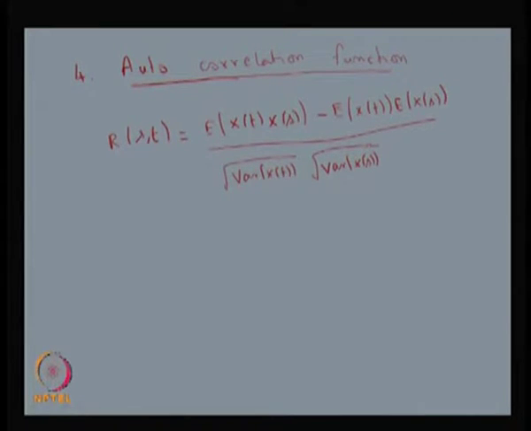So, the numerator can be written as covariance of x of t comma s divided by square root of variance of x of t, square root of variance of x of s.